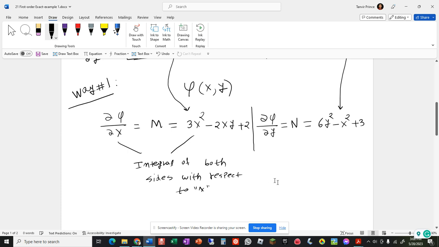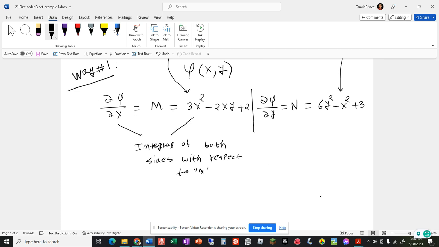So the integral of this partial derivative of phi with respect to x, of course, I get back the original function phi. On this side, if I take the integral with respect to x, it's like a partial derivative, but it's not the derivative, it's the integral. So it's like a partial integral. x is the variable, y is the number.